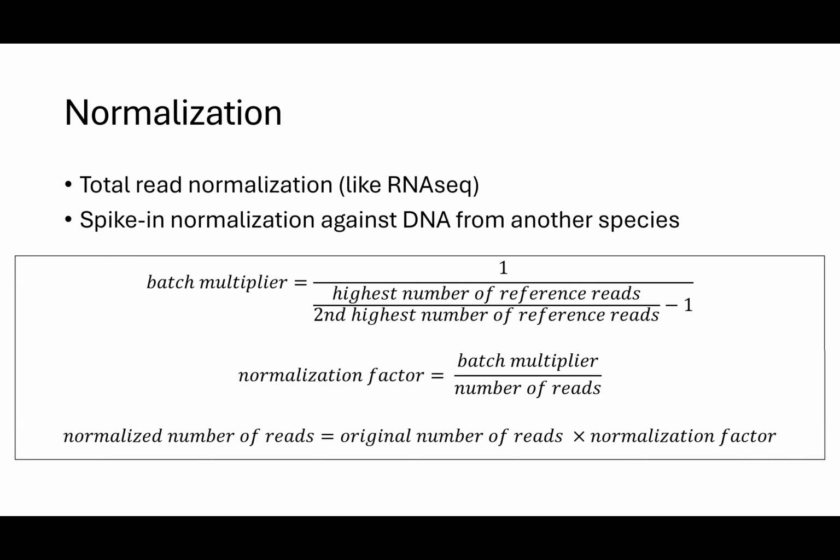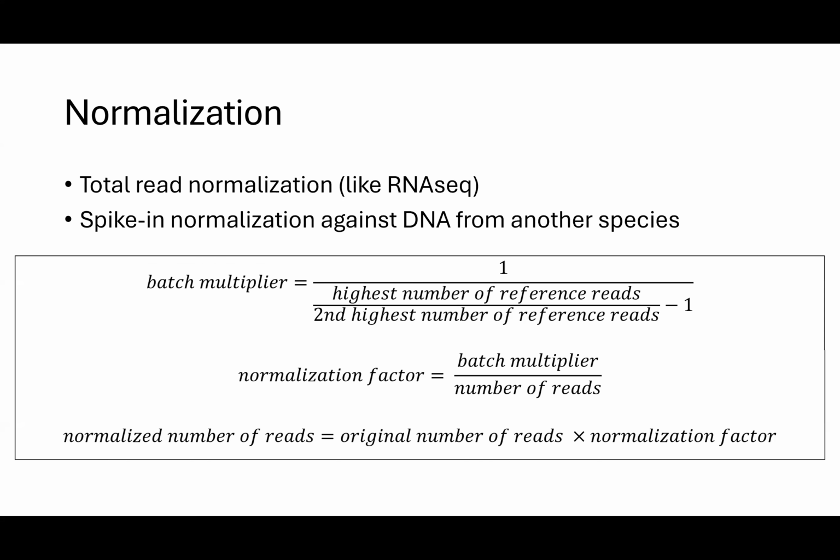That works pretty well for RNA, as long as you're not targeting something that controls transcription. For ChIP-seq or CUT&RUN, we would assume there are cases where you're going to have drastic changes in the amount of histone modification or transcription factor binding.